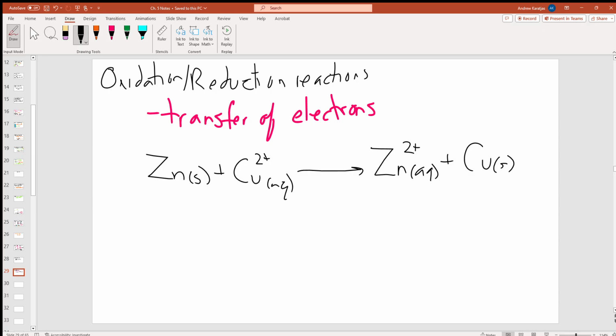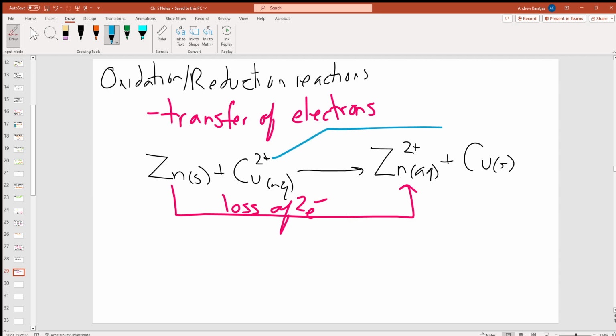What we can see is that the zinc was neutral and then became +2. In other words, the zinc lost 2 electrons. We can contrast that with the copper, which started at +2 and became neutral, and it gained 2 electrons.